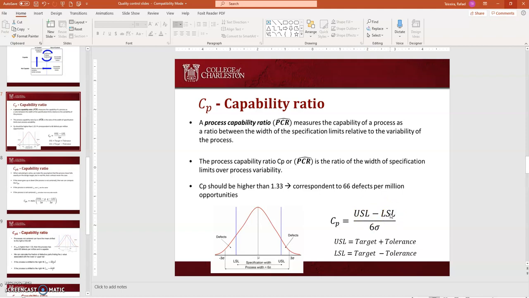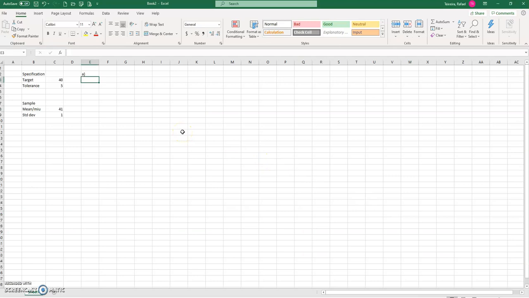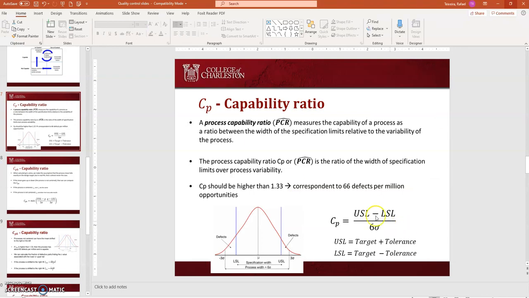Okay, so let's go back to Excel and compute the upper specification limit. In this case it is equal to 40 plus my tolerance 5, which is 45, and my lower specification limit is equal to my target minus my tolerance. So these are the upper and lower limits, okay, from this formula.